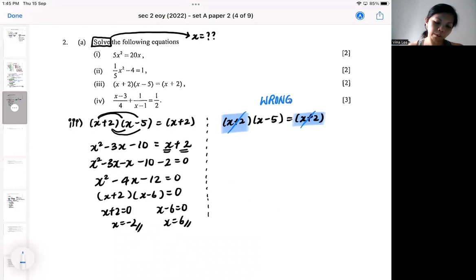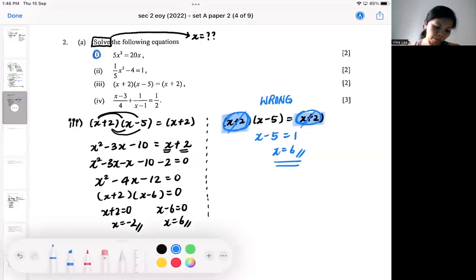So if you try doing this, you will get a 6. So this is wrong. You cancel a function in x. It's the same mistake as the second part, the same mistake as the first part. You cannot cancel x. You cannot cancel things with x. So if you have cancelled a bracket with x, you will lose out one answer.